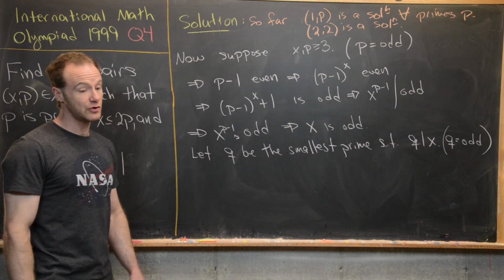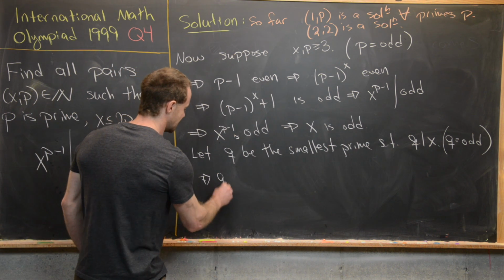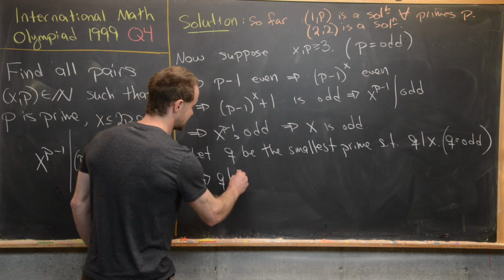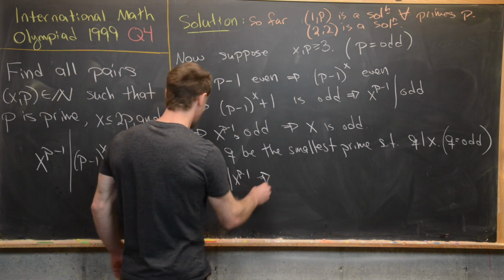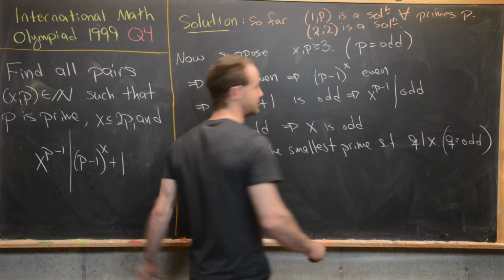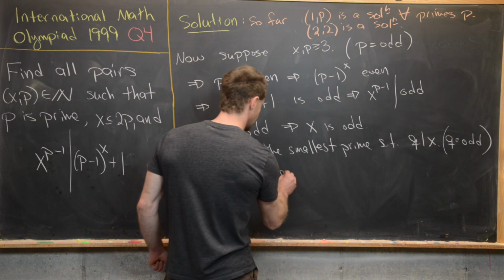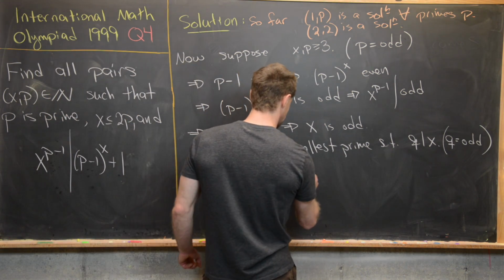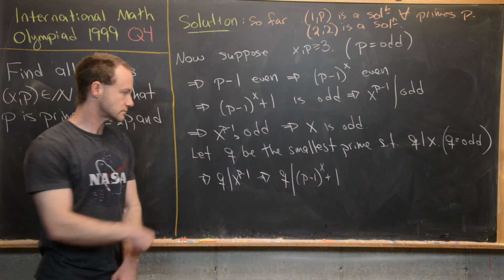Okay, so we've got q divides x, but now notice that that implies that q divides x to the p minus 1. Great, but now that means that q divides the right-hand side of this, because there's some transitivity type property for divisibility. So we've got q divides (p minus 1) to the x plus 1.